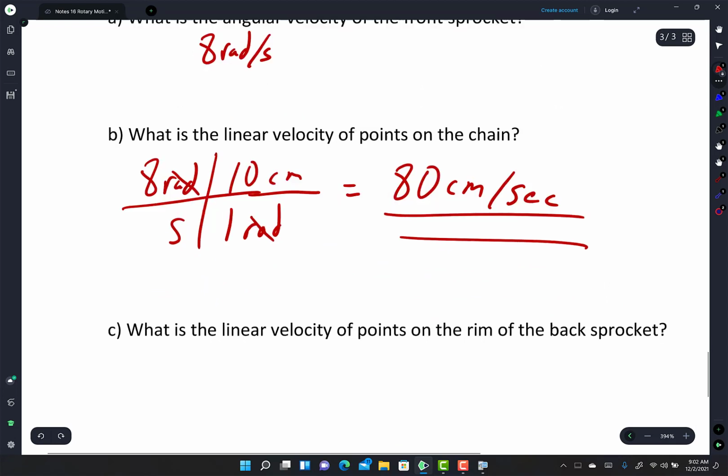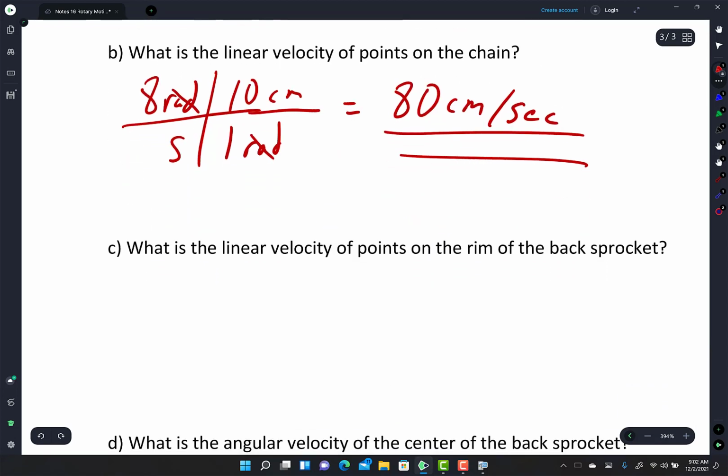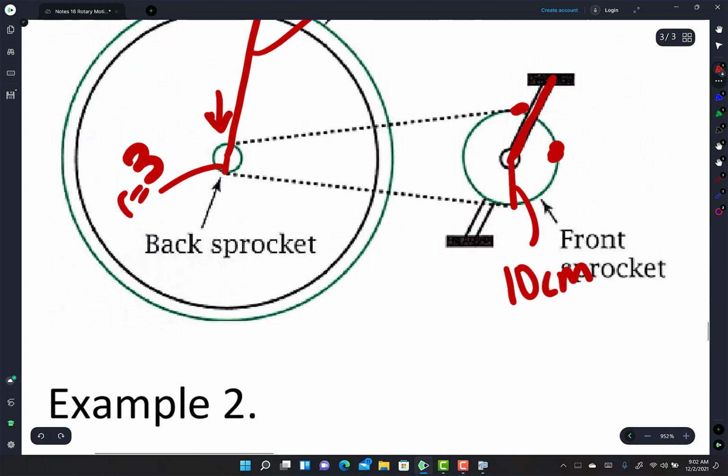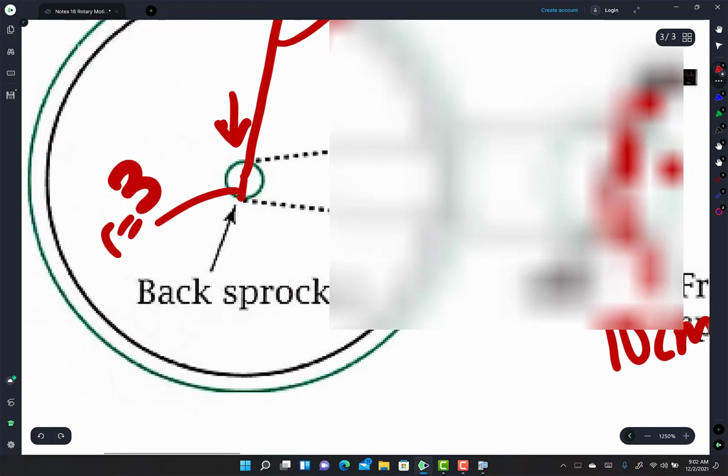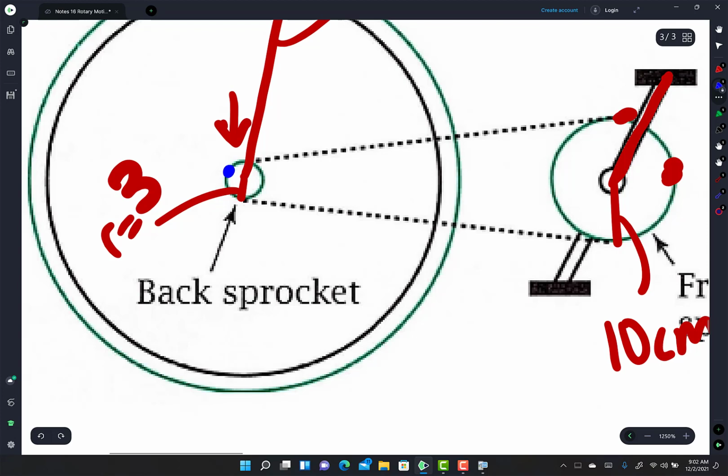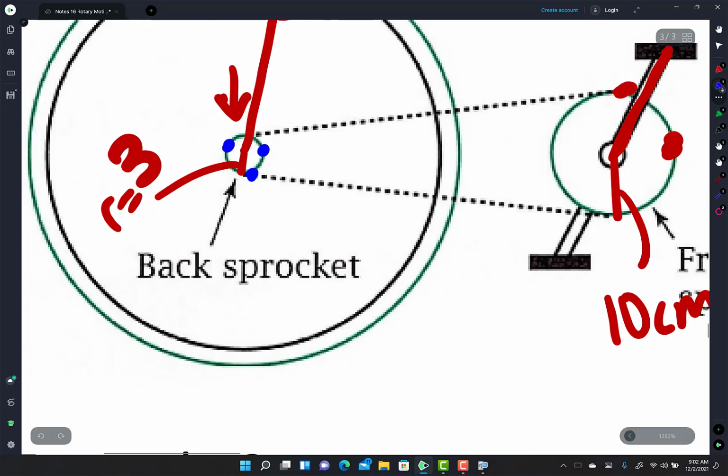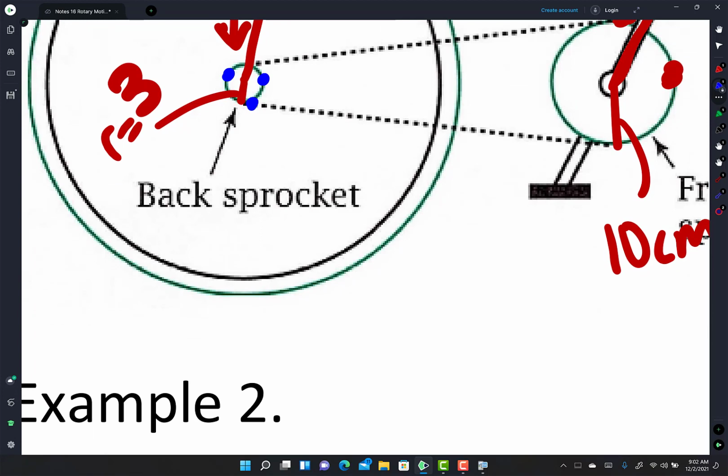So letter C. What is the linear velocity of points on the rim of the back sprocket? So let me look at the back sprocket. If you're on the rim of the back sprocket, you're looking at these blue dots. Aren't those blue dots touching the chain? And how fast is the chain moving? 80 centimeters per second, right?